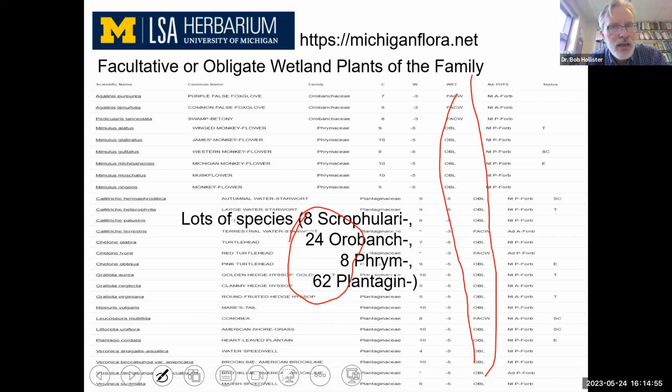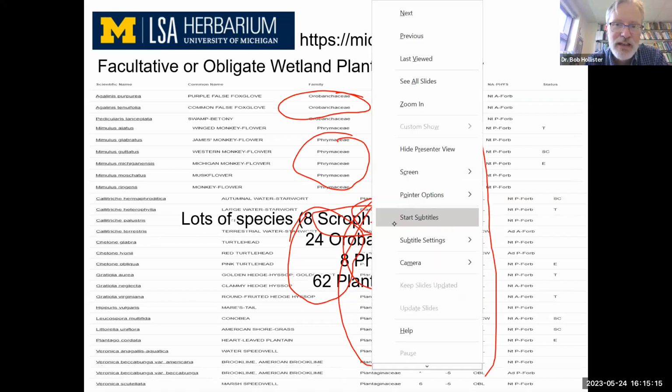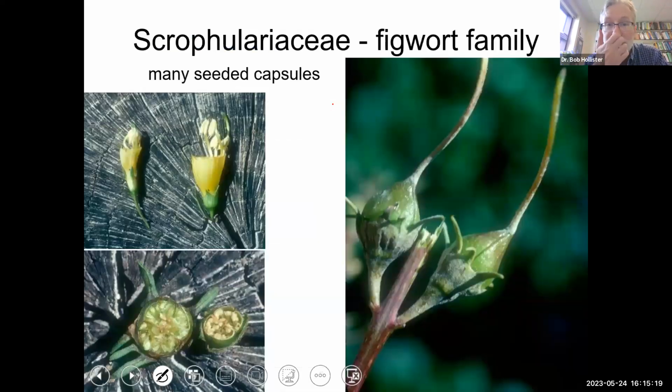And they're pretty important in wetlands. But unfortunately, it's these multiple families, and I never remember the families because I was just taught Scrophulariaceae, and it's hard to teach an old dog new tricks. So I just got Scrophulariaceae and then looked to see what the other families were broken into.